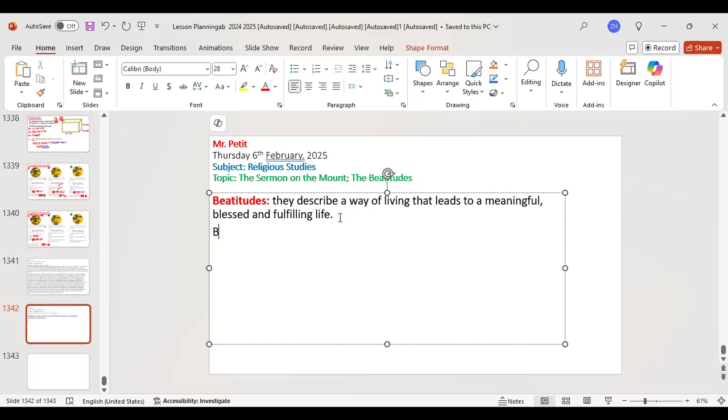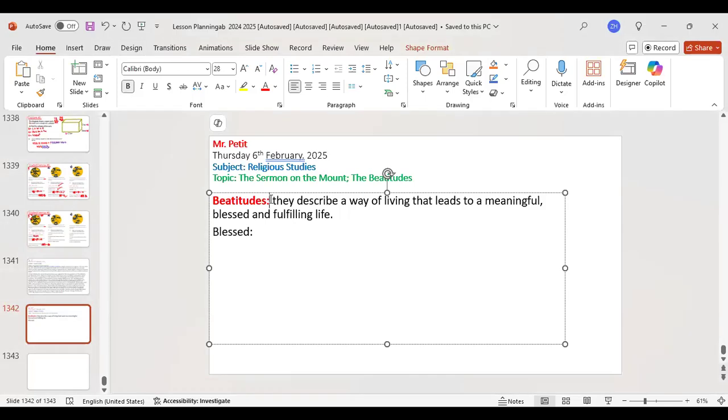What is blessed? What does blessed mean? To have favor? But in the context of the Beatitudes, what does blessed mean? Happy. Who said that? Tavana, very good.